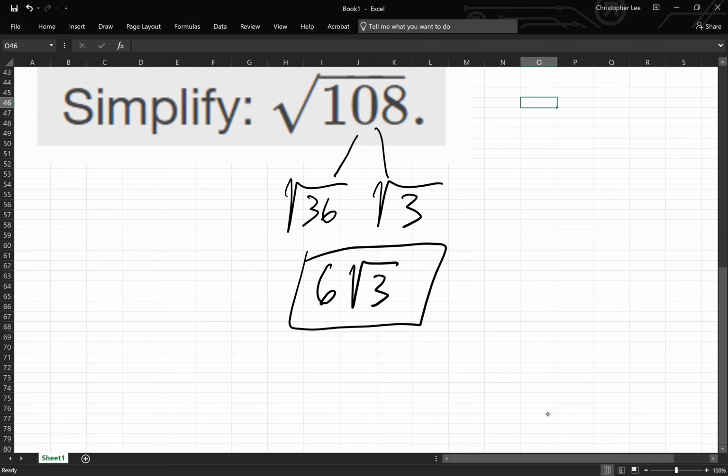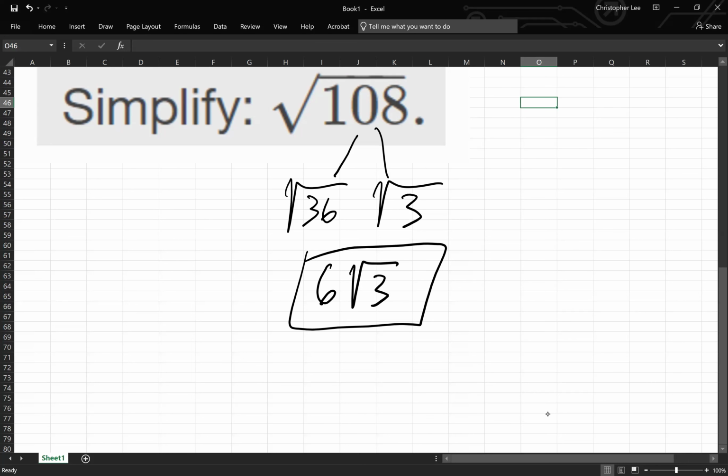Got you. So we wanted the largest perfect square that would go into 108, but it's okay if you can't see that perfect square. You could do it with a smaller perfect square and then work your way up to it, right? To be honest, I was thinking about 9, because isn't 9 times 12 108?